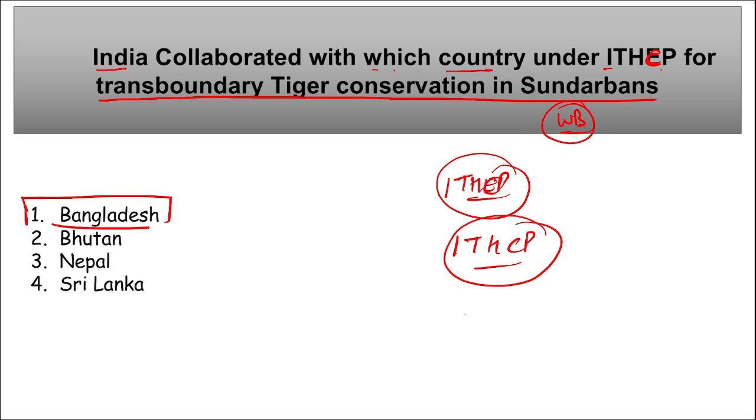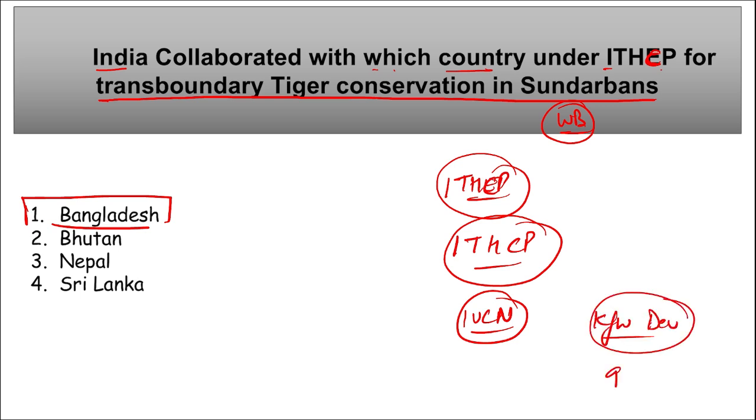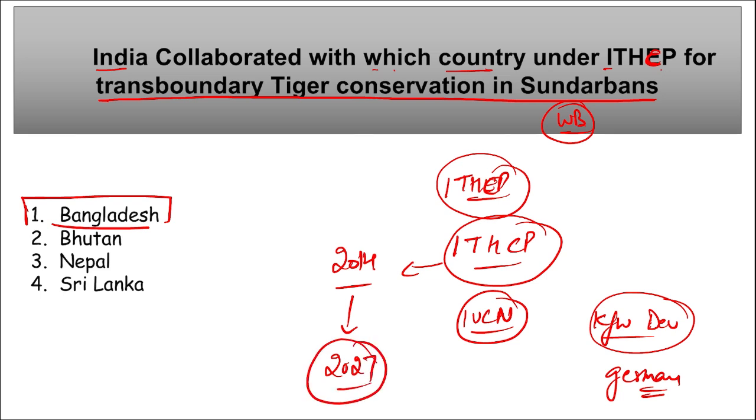So remember, ITHCP is supported by IUCN, that is International Union for Conservation of Nature, and KfW Development Bank. This KfW Development Bank is of Germany. Then this ITHCP program was initiated in 2014, and it will be running till 2027, and it is for the conservation of tigers.